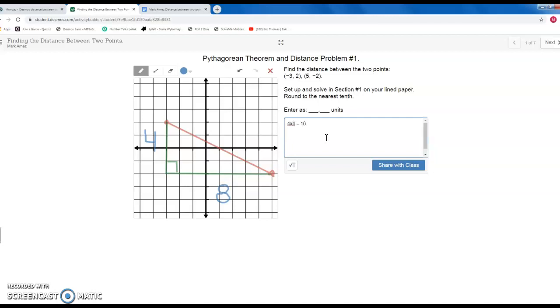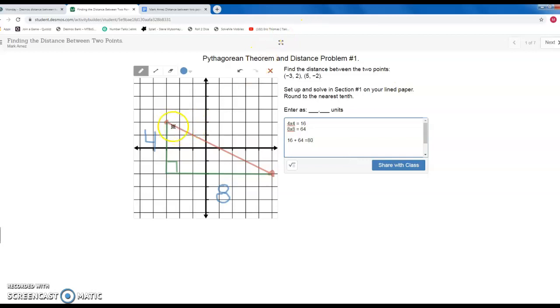And I'd like you to show your work for me so I can see what you're doing. And then 8 times 8 equals 64. And then those 2 numbers, since those are legs, they add up to the hypotenuse. So I'm taking my 16 plus my 64, and I get 80.